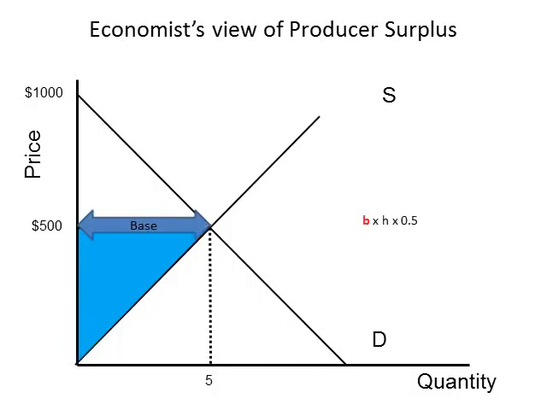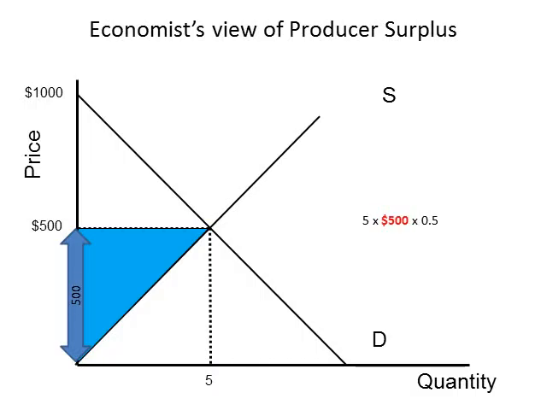Since the base is the distance from 0 to the equilibrium point, the base is 5 units in our example, and we will substitute 5 into the formula for B. Since the height is the equilibrium price, and the equilibrium price is $500, $500 will be substituted into the formula for the height.